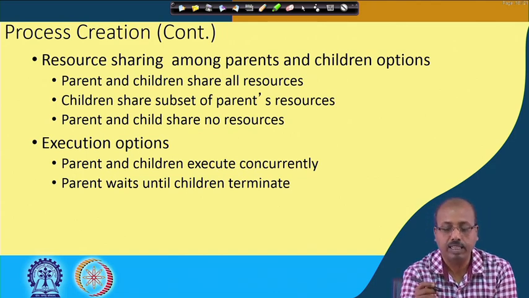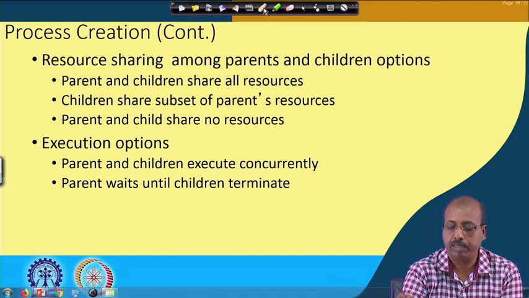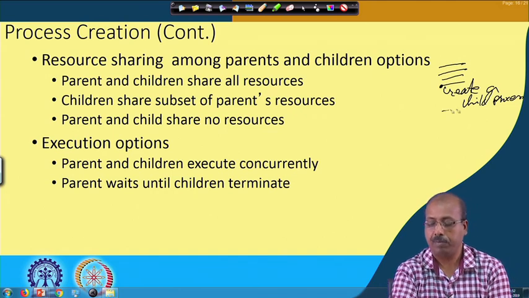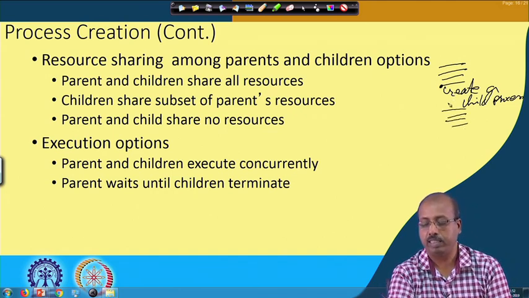So, this is like this: we have a parent process, and it was executing. When it came to this point, it created a new process. It has created a child process. After that, it again goes on doing something else.